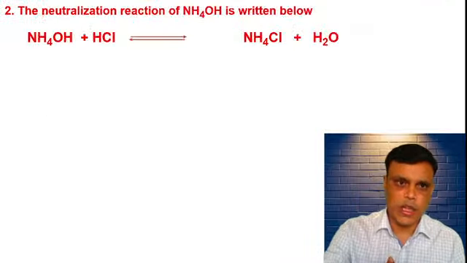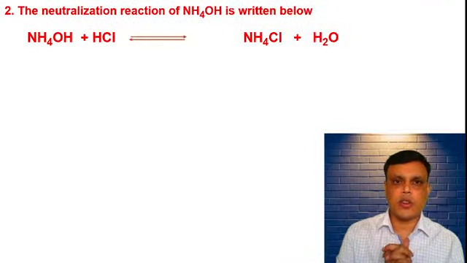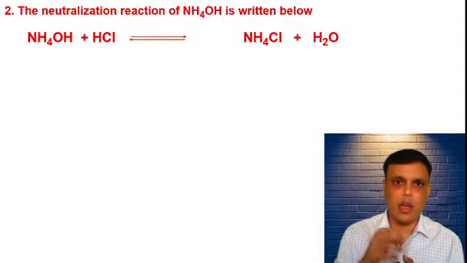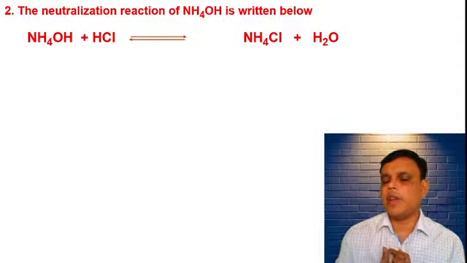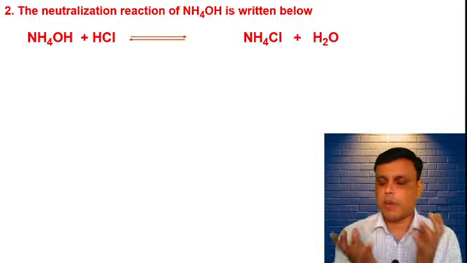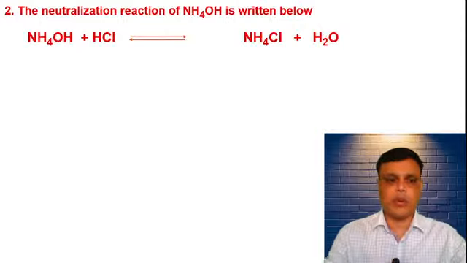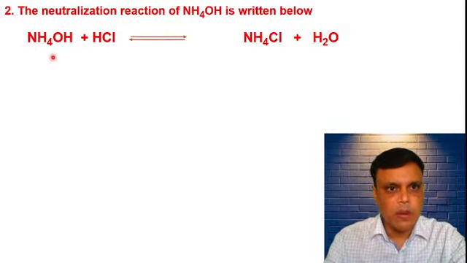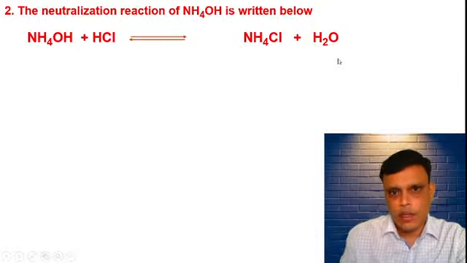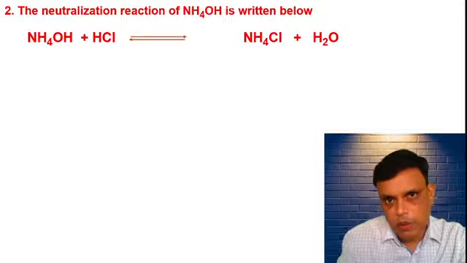Okay, then the neutralization reaction of ammonium hydroxide. How will this ammonium hydroxide get neutralized in the presence of HCl? What is the reaction between ammonium hydroxide and HCl? Here ammonium hydroxide plus HCl reversibly gives you ammonium chloride plus water. This species is called ammonium chloride.